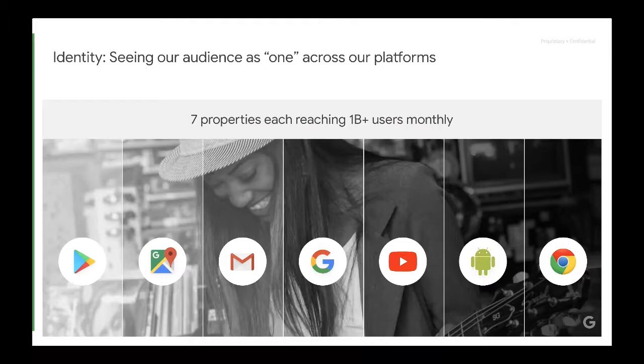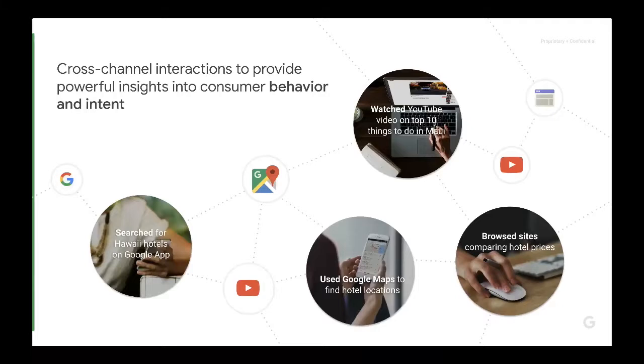By seeing our audience as one across our platforms, we have a strong understanding of who they are and what they want, and we have the best understanding of user behavior and intentions. The interactions users have across these properties provide the most powerful signals of user behavior and intent.